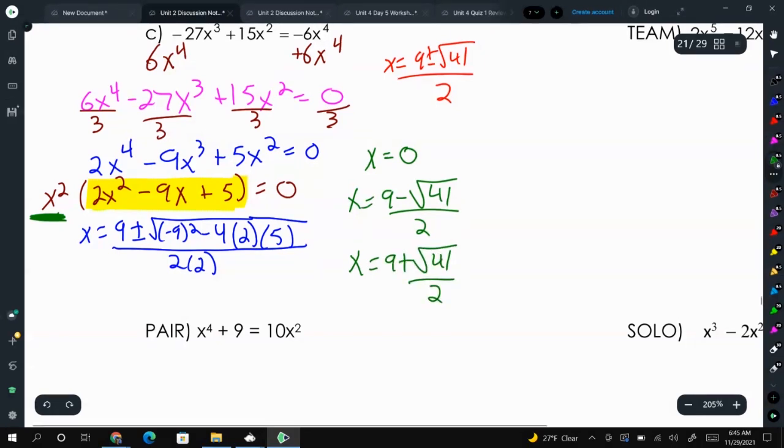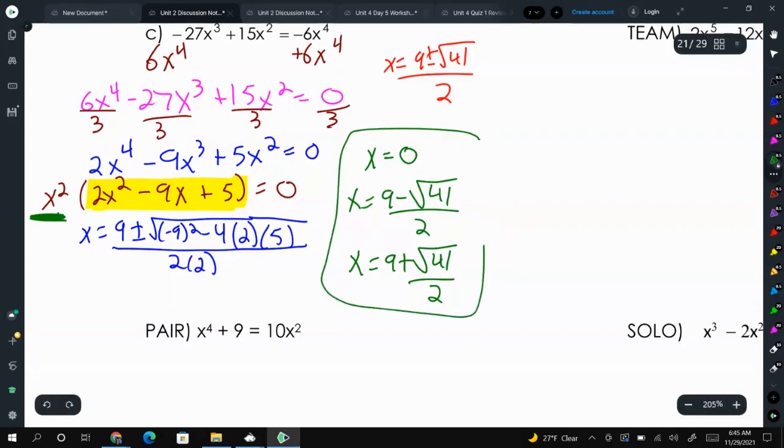So we have three solutions in this instead of 4. So this is a fourth degree function. You can see that up here we had 6x to the fourth. So we would expect maybe 4 solutions, but we don't have to have 4 solutions.